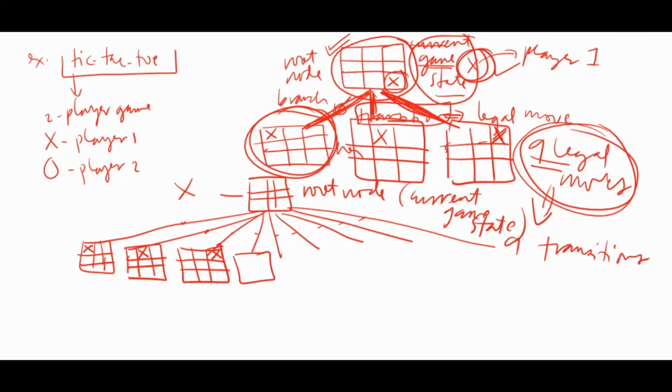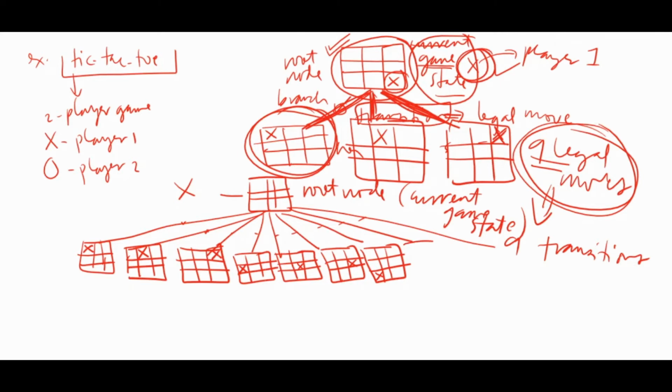The fourth possible next game state would be this board having the mark here. The fifth would be having the mark here, the sixth having the mark here, and the seventh having the mark here.